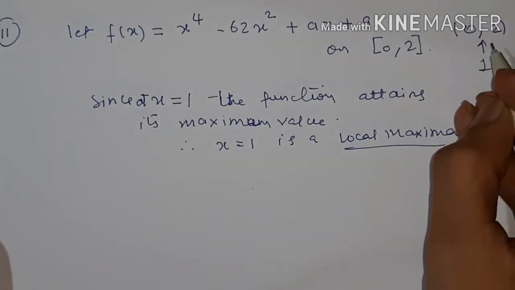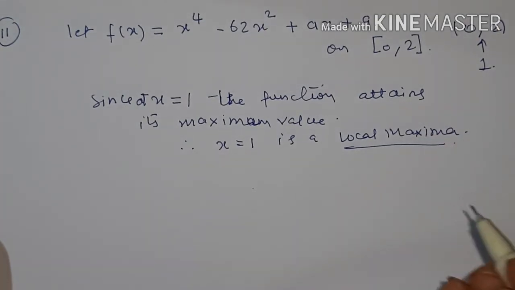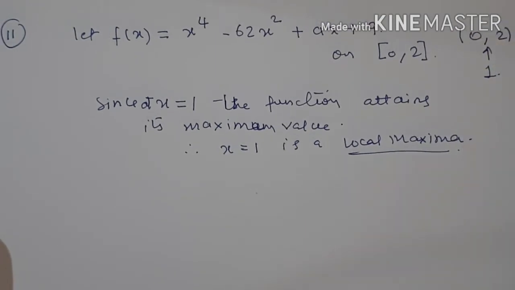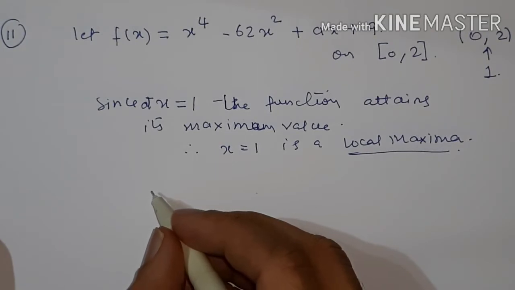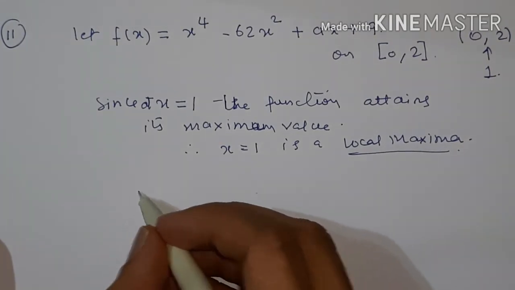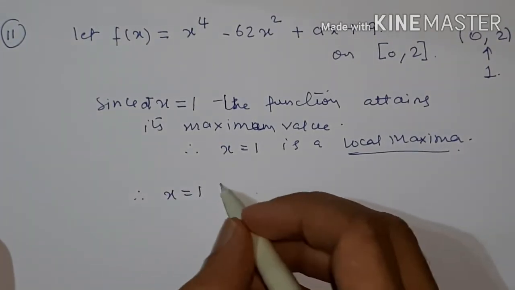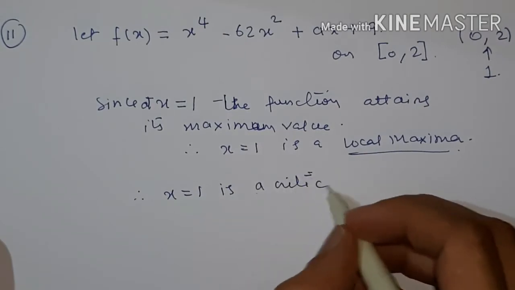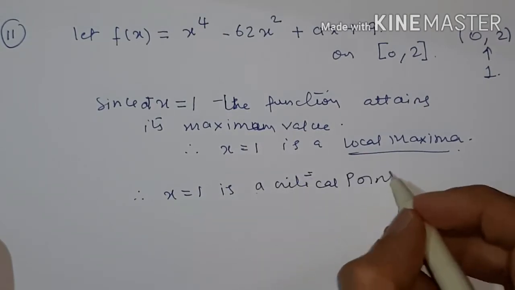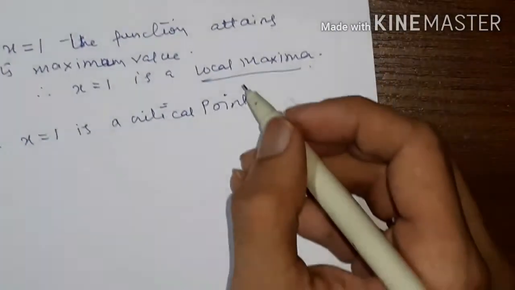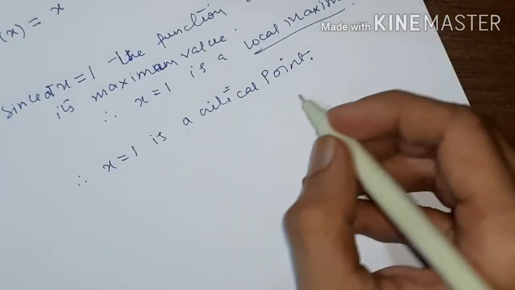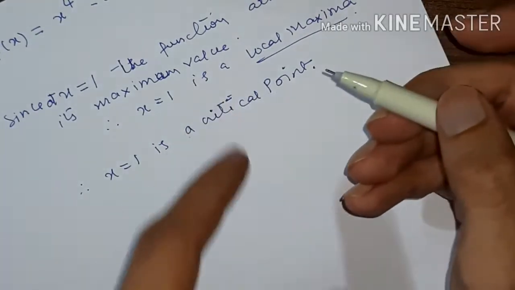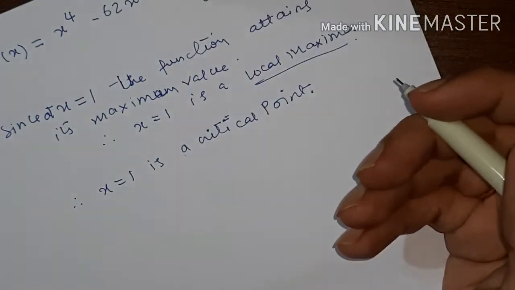It is a local maxima, not absolute maxima or absolute minima, because it is in the open interval 0, 2. Therefore x equal to 1 is a critical point, because after finding the critical point only you decide whether it is a local maxima or local minima.